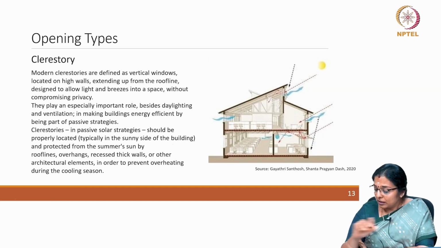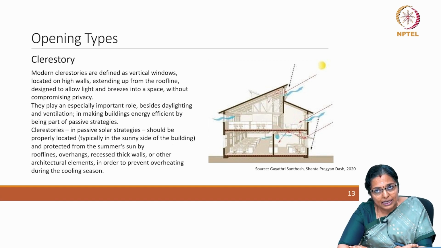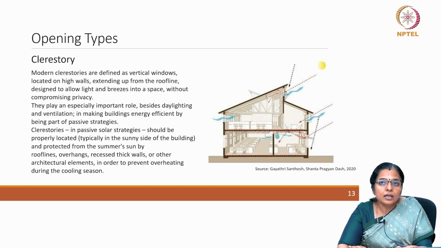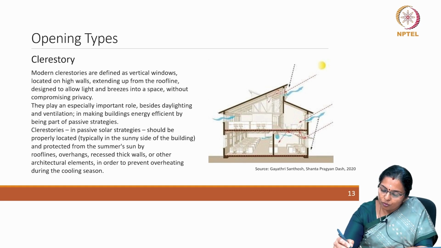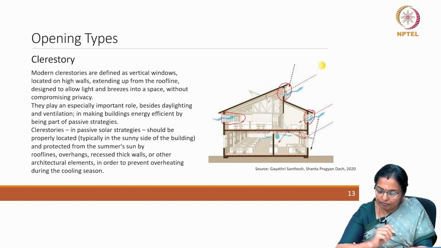Those openings, the ones we saw in the previous slides, are fixed on the wall, whereas we have what are called clear story openings. Clear story openings are found near the roof on top of the wall.